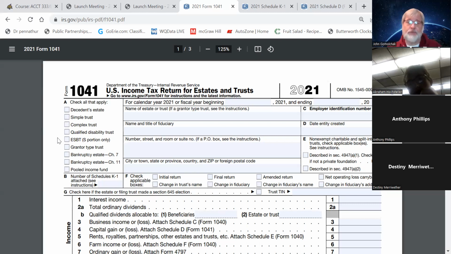A lot of times when we file this trust, we put the name and address and everything of the trust at the top. And then we just write across it grantor type trust and we turn it in empty. Now we may end up putting a schedule on the back that shows the income created by the trust so that it corresponds with the money that the grantor got from the trust, from the investments.